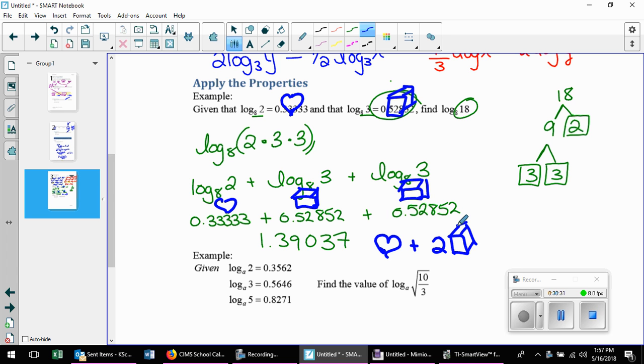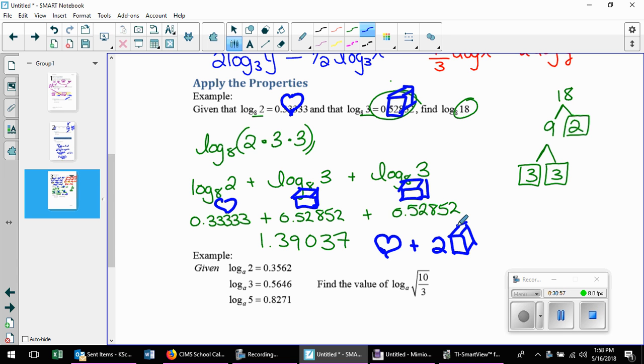So I've seen it done like this with the numbers, and I've also seen it done with pretty pictures. It was a sun and moon and stars one year. So just be forewarned, this will show up on a provincial exam. It might show up on a test, but I've seen it every year in some format or another.